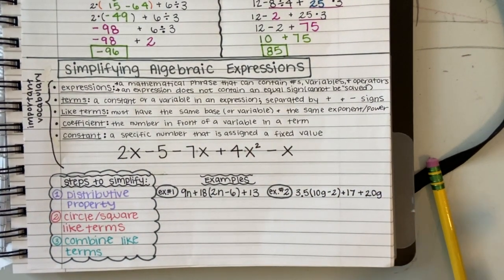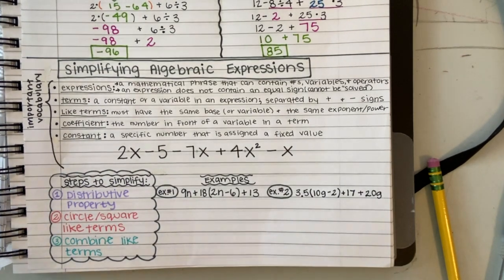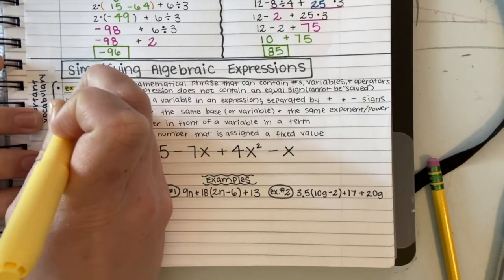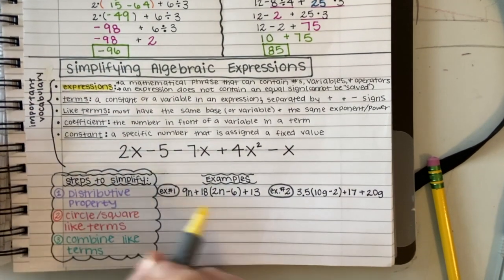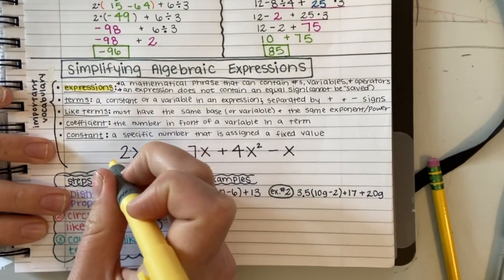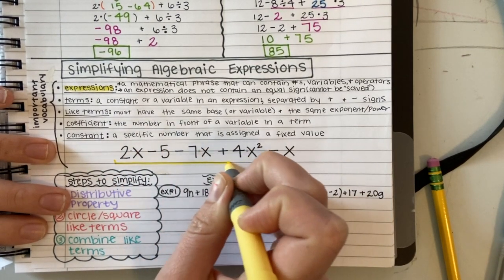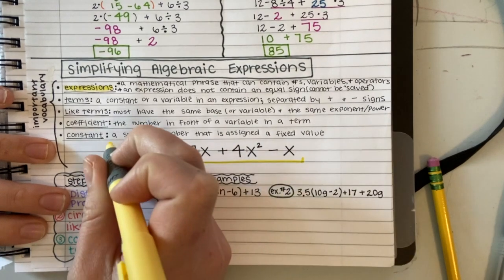So using these terms, I'm just going to label them in this example expression. We said that an expression is just the mathematical phrase that doesn't have an equal sign. So this whole thing is an expression.